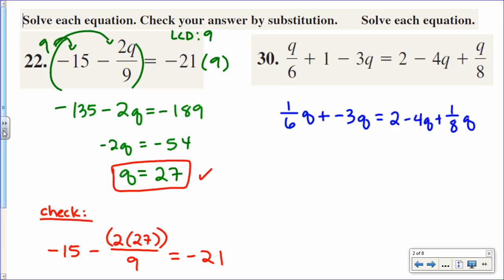And I'll just solve like normal, use your calculator because you're going to be dealing with fractions. So on the left side, I have, oh, I forgot my plus 1, sorry. There we go. I have like terms though, I have 1/6 Q and negative 3Q. So combine those. So 1/6 minus 3, leave these as fractions.